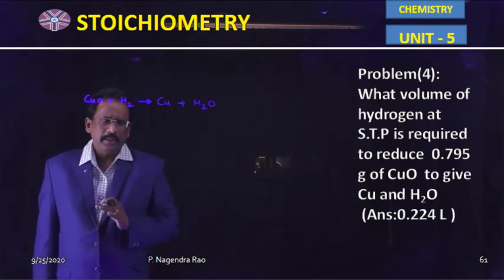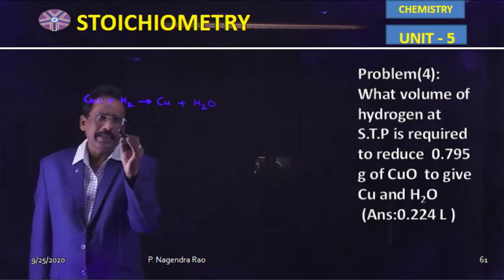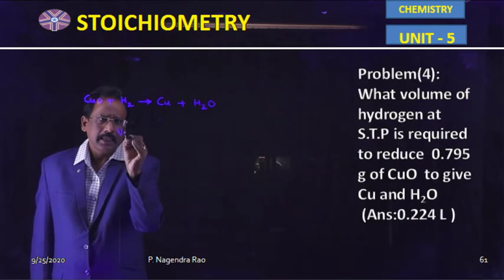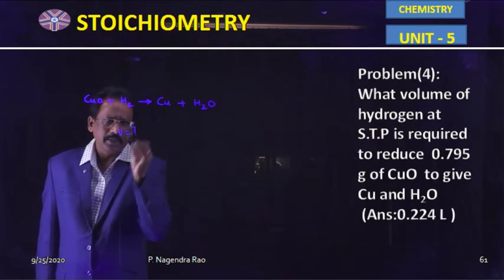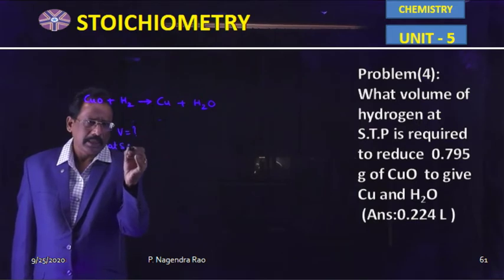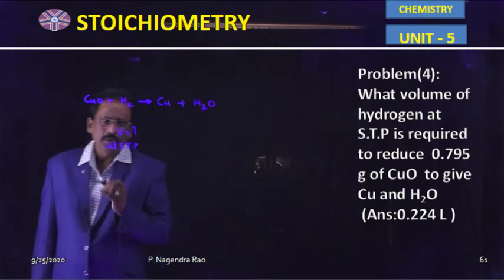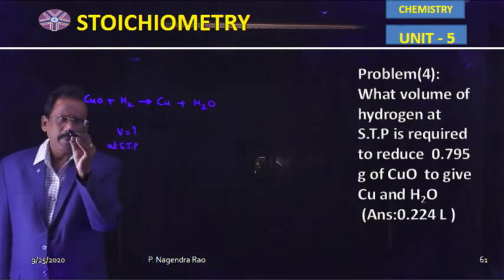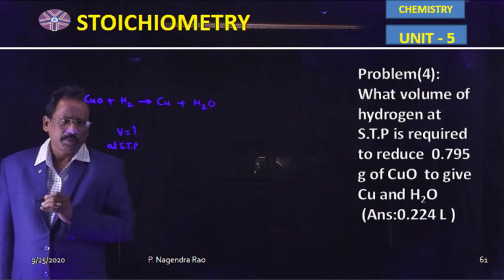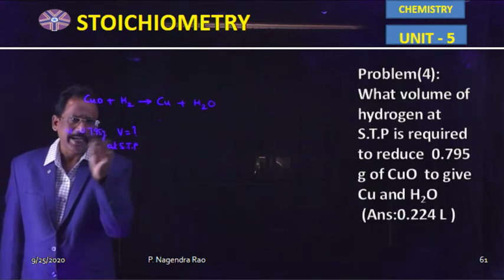In this problem, what volume of hydrogen gas at STP, standard temperature and pressure, is required to reduce cupric oxide whose weight is 0.795 grams.